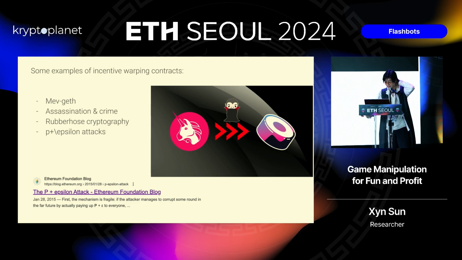So one other incentive-warping contract or game manipulation that was proposed back in 2015 by Vitalik for Ethereum, right before everything blew up, is the P plus epsilon attack, which basically says that if you want to fork the main chain, you could make an airdrop scheme that gives everybody who supports your forked chain epsilon more reward than they would have had should they support the main fork.